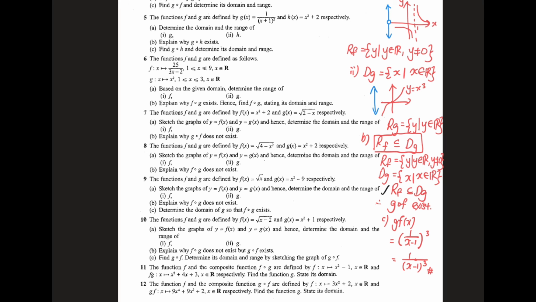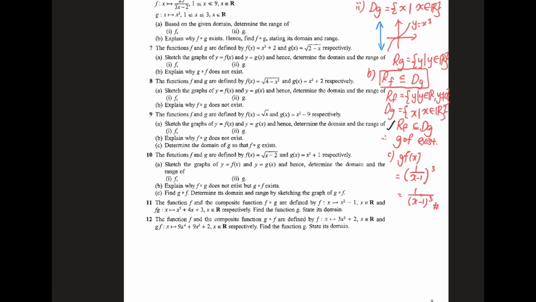After that, determine its domain and range. If you still remember the idea we discussed just now, the arrow diagram: function f starts first, followed by function g. The shortcut for this whole thing is gf.